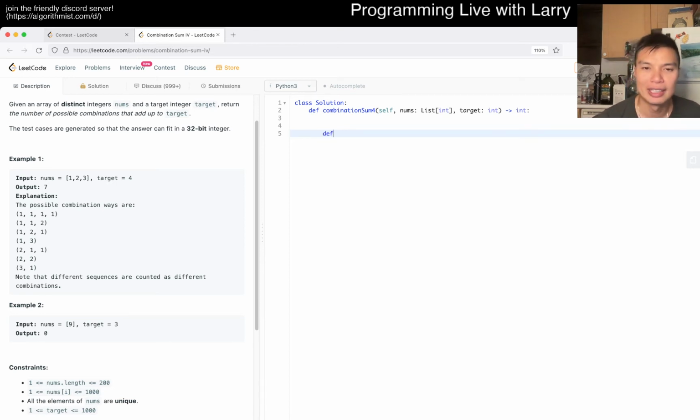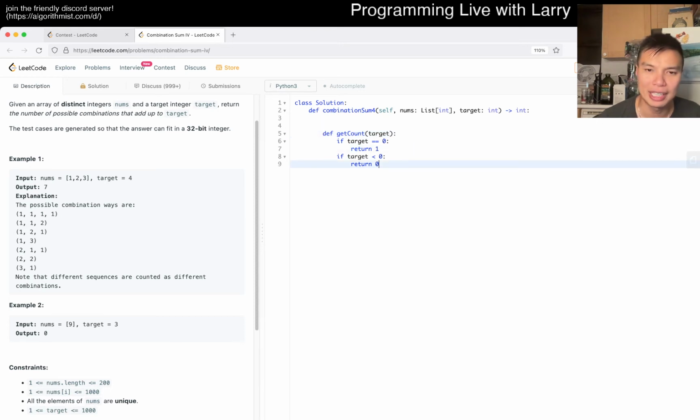Let's say we get the count for some target. If target is equal to 0, we return 1. If target is less than 0, we return 0.